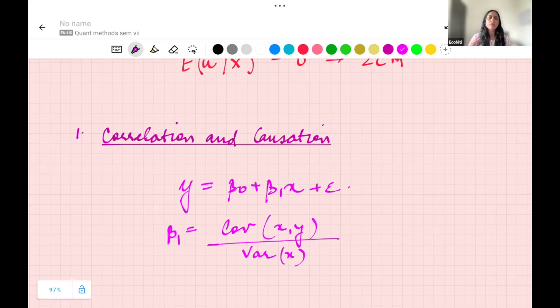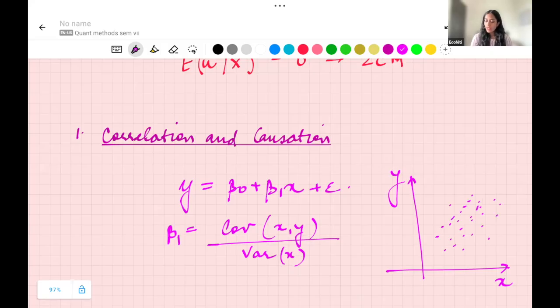Now it is true that covariance is a linear relationship and so on, but the idea is that when we talked about covariance in stats, we said that suppose there is a graph in which these are your x values and these are your y values, and suppose this is how you plot them and you observe this kind of a pattern.